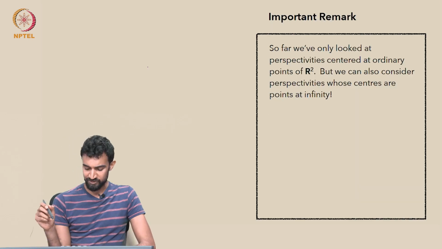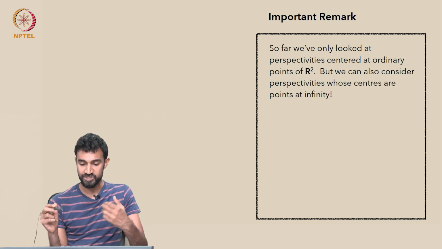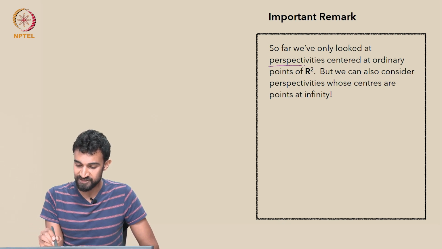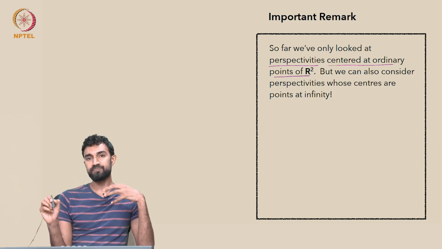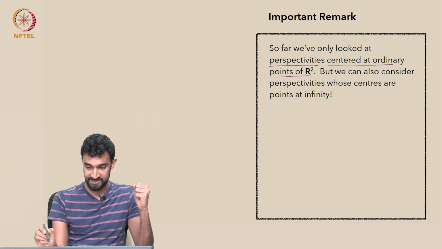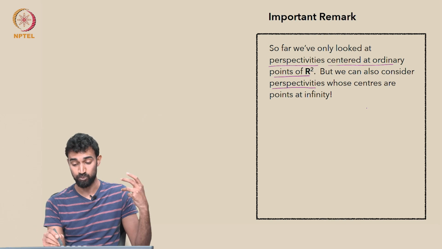And so now we've looked at a bunch of projectivities that capture functions of R2. And so far we've only looked at perspectivities centered at ordinary points of R2. But I just want to mention that there's nothing to stop us from considering perspectivities whose centers lie at infinity, at different points at infinity.